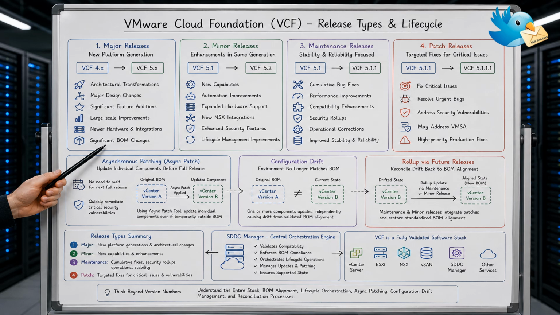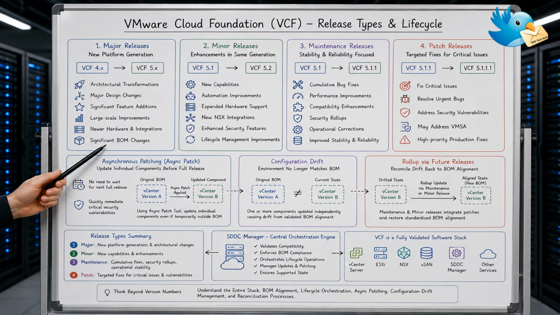I cannot take VCF 9 as an example because VCF 9 just got the maintenance release and the major release. We are waiting for the minor release and patch updates and all. So that's the reason I took the example of VCF 5.x, to explain the major, minor, maintenance, and patch release.